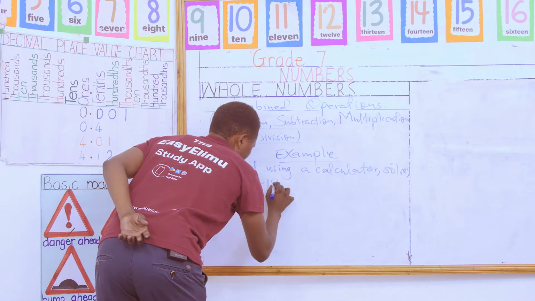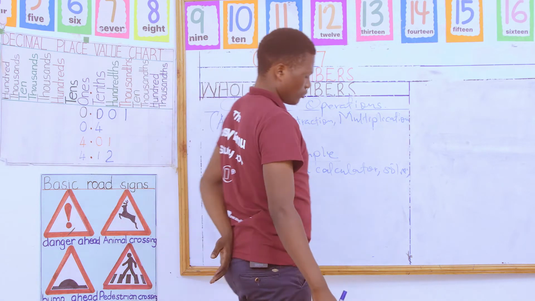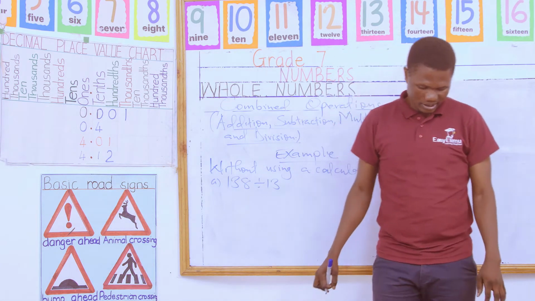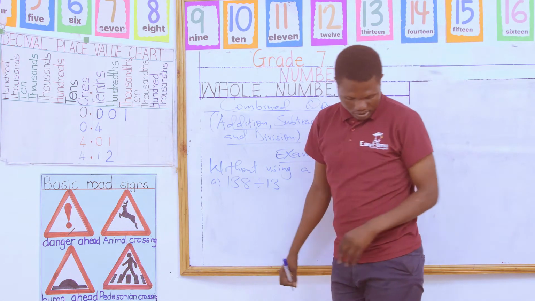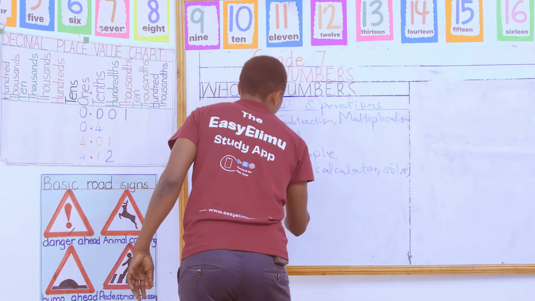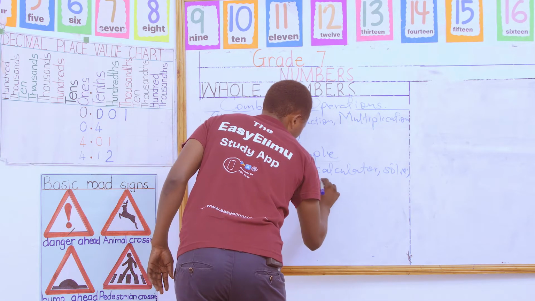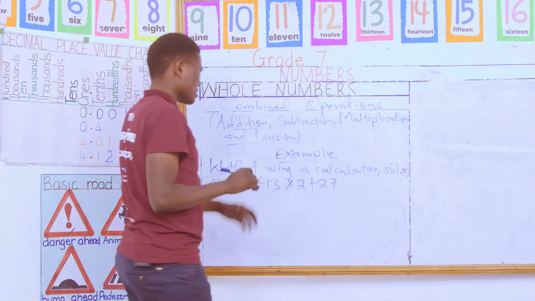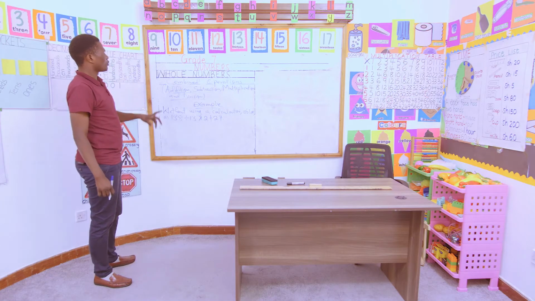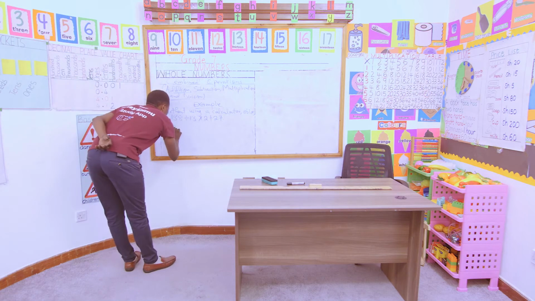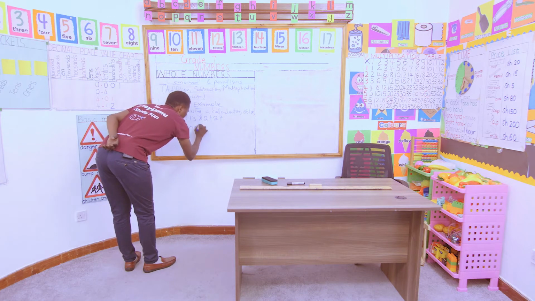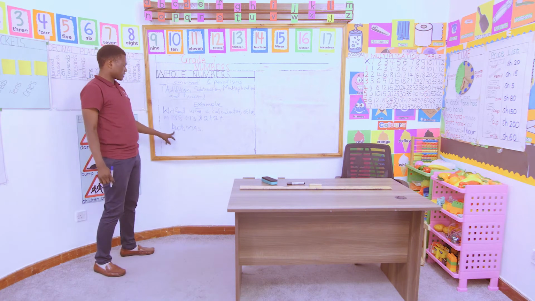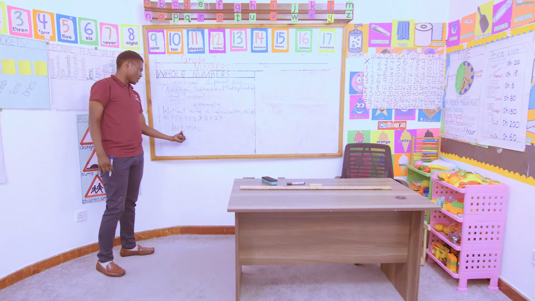138 divided by 13 times 2, then you add 27. So here we are using BODMAS. We do not have brackets, we don't have of, but we have division.